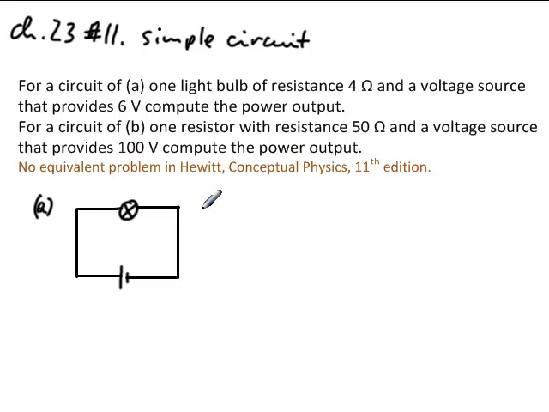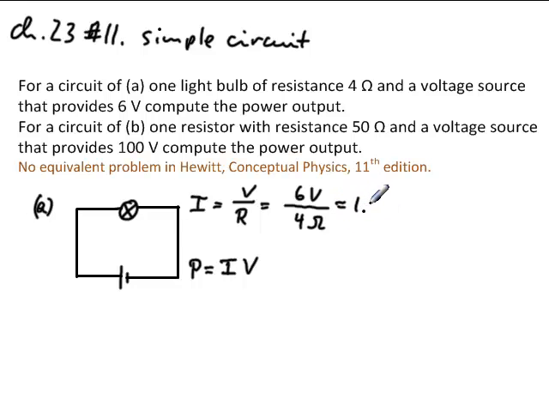So in order to figure out what the power output is, power equals current times voltage. I would need to know what the current is. I know what the voltage is, given as 6 volts. So I need to know what the current is. Well, the current I get from Ohm's law in the form of the current equals voltage divided by resistance, which then is given as 6 volts divided by 4 ohms, and that is 1.5 amps.